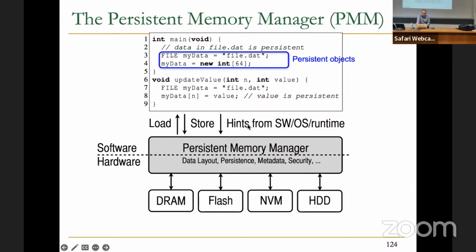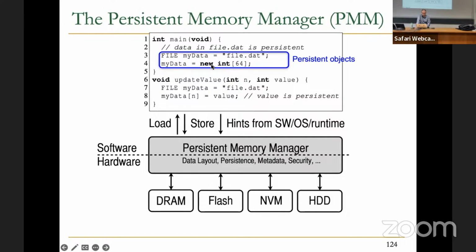There are also some hints from software, OS, and runtime, and you can use these hints to map your data intelligently across DRAM, flash, NVM, and HDD. Here is a very easy example of a persistent object.